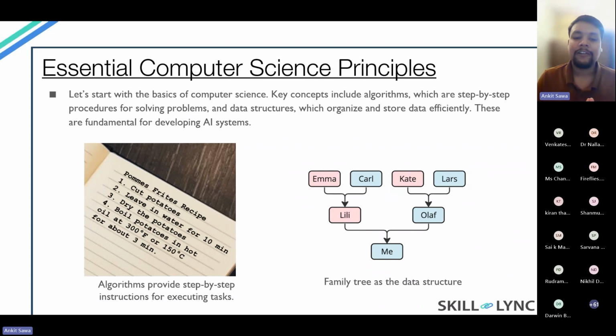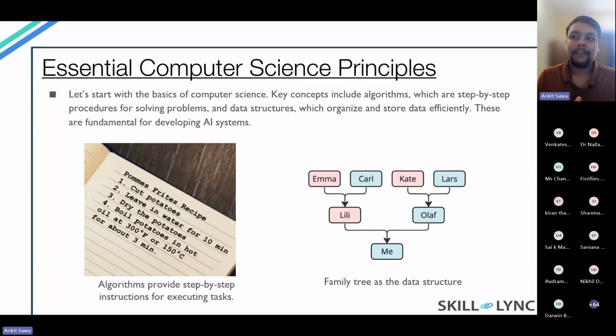Algorithms are nothing but step-by-step instructions for the execution of a task. You can understand it like a type of recipe. Whenever you cook something, you have an instruction on what to do step by step. First chopping the vegetables, then cooking them in some type of oil. So an algorithm is nothing but a step-by-step process of executing a particular task.